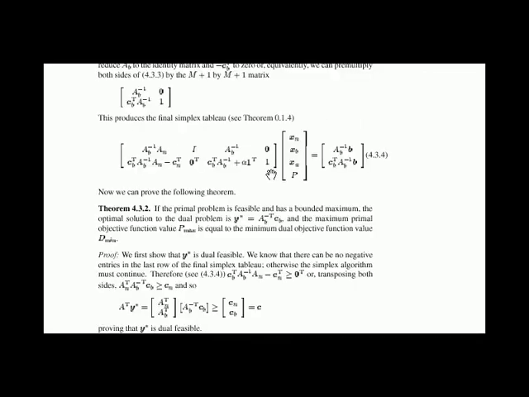Now, if we knew that, then all we'd have to do is solve for those, and in fact, this is what the final simplex tableau will look like. We have an identity in the columns corresponding to the variables in the final basis, and we'll set these other variables to 0, solve for those, and in fact the solution will be A_B inverse b.